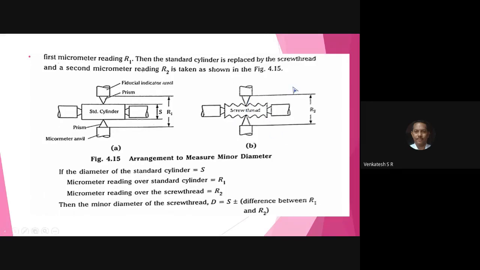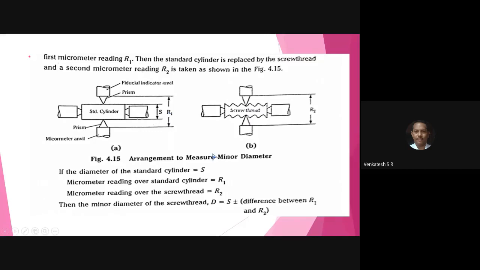These two anvils are automatically set, you can fix the distance for the minor diameter. One is stationary, just pull the anvil and place it on the screw thread and see the dimension, that is R2. The diameter of the cylinder is S. The micrometer reading over the standard cylinder is R1.